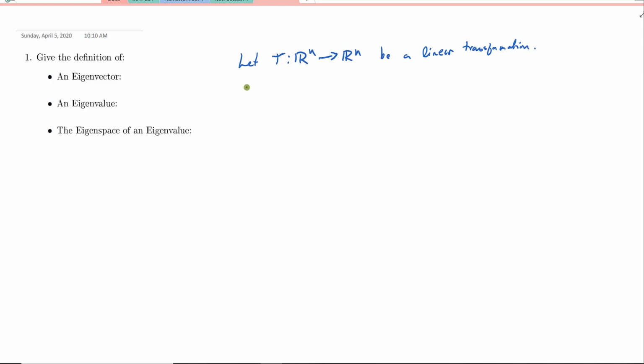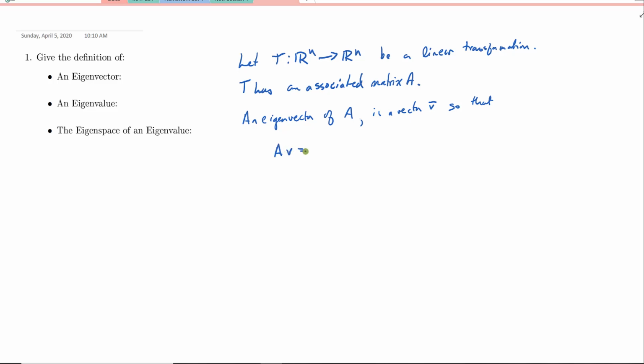Then we've shown that T has an associated matrix A. So by an eigenvector of A, we mean a vector V so that AV, when I multiply A to what I'm claiming is its eigenvector, I get the same thing as if I simply multiplied V by some scalar.